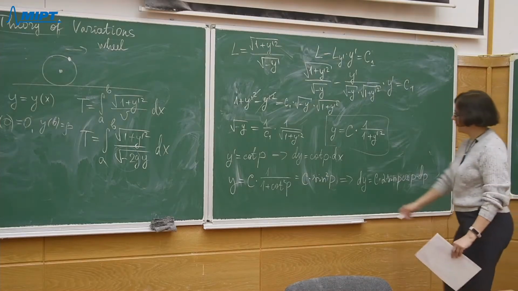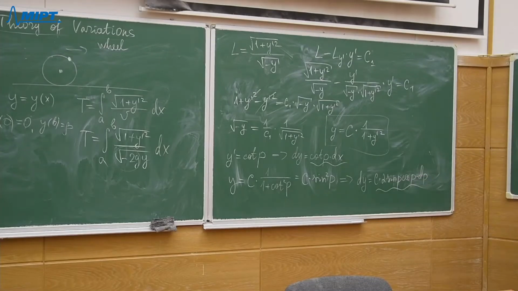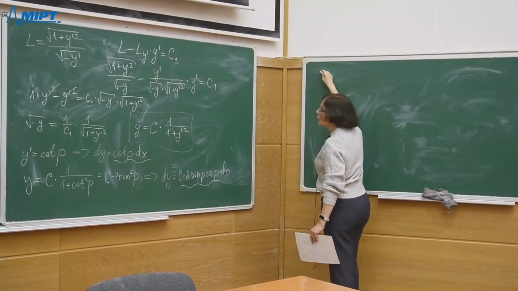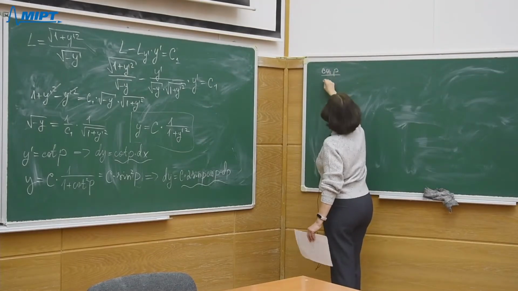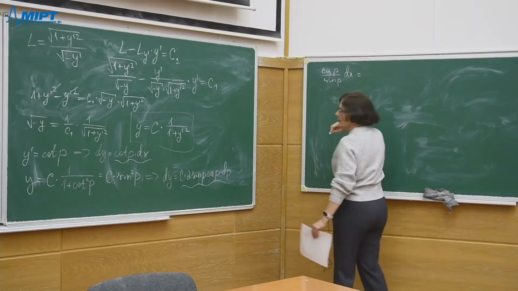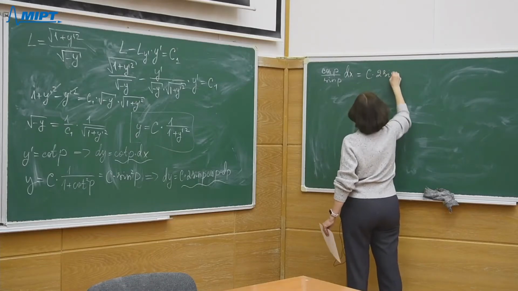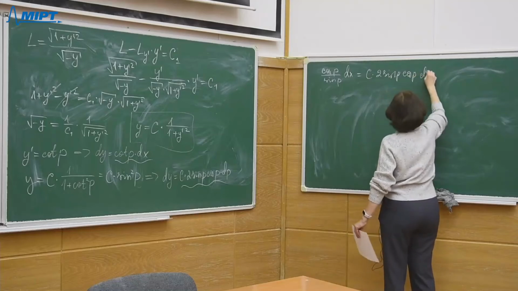And after this, I must equate these parts. So I will get the following: cos p over sine p dx equals c times 2 sine p cos p dp.